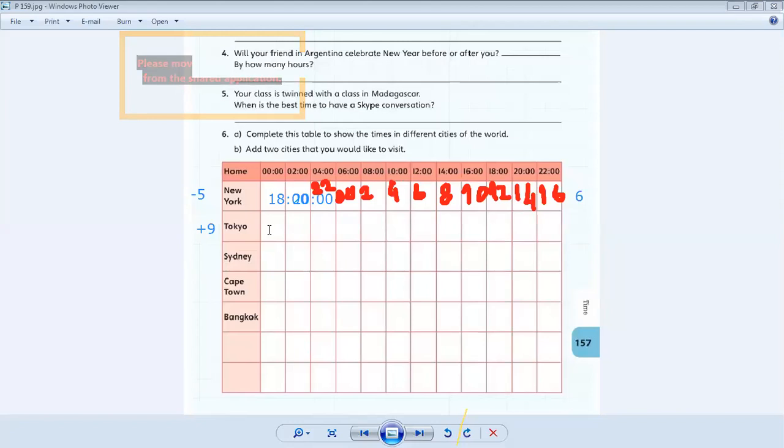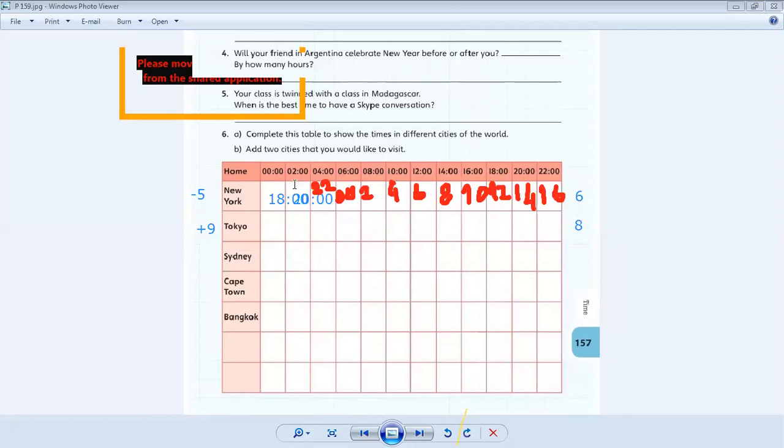If it's 00 in midnight, what is the time in Tokyo? This is earlier than us. We have to make addition, add. Is it 20?